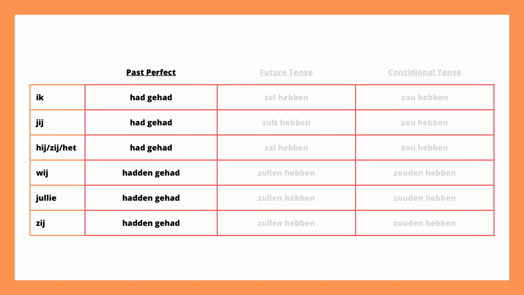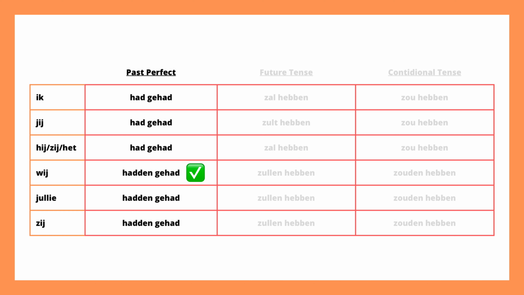The past perfect is used to describe an action that happened before another past action. Let's look at the conjugation. Ik had gehad. Jij had gehad. Hij, zij, het had gehad.